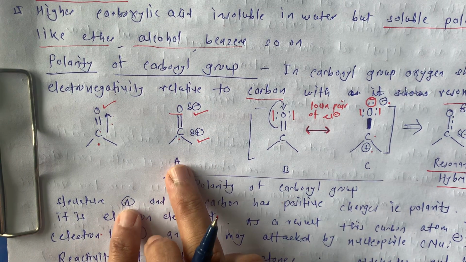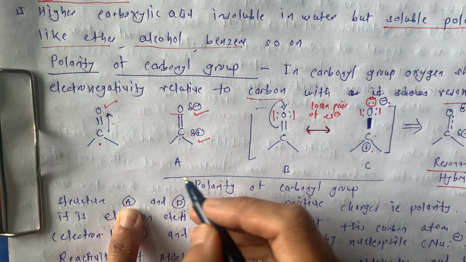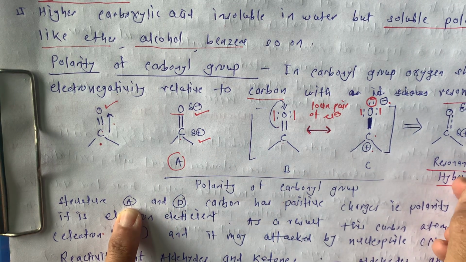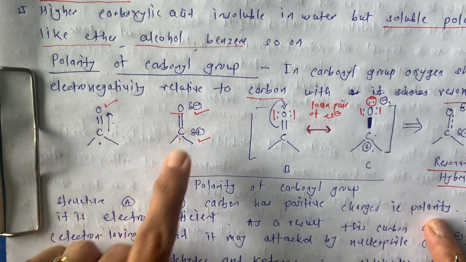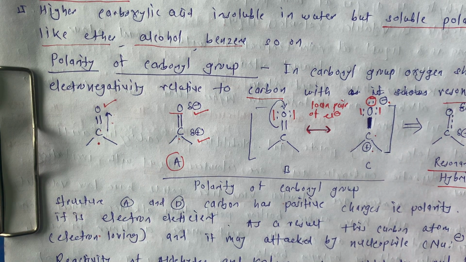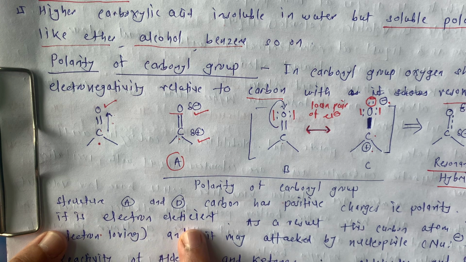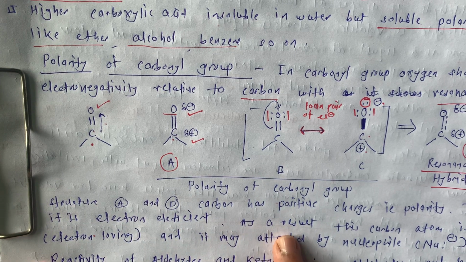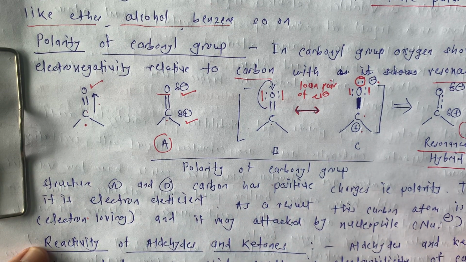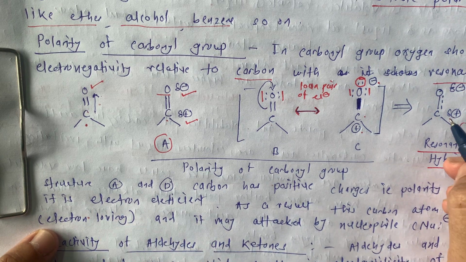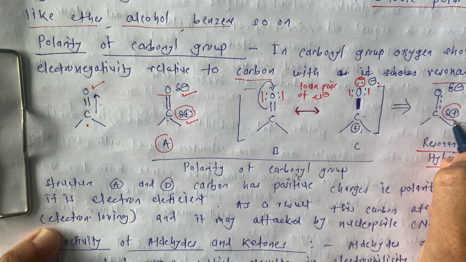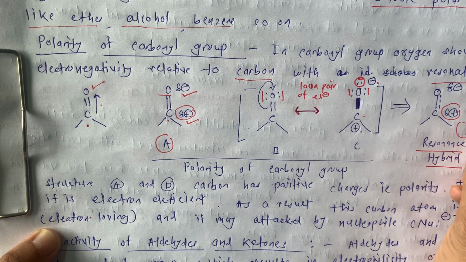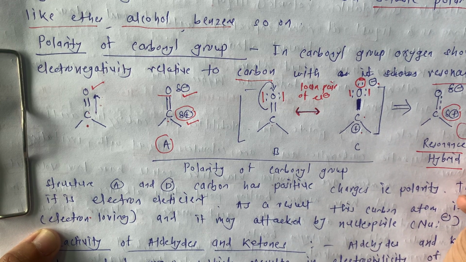Now see, in structure A and structure D, carbon has a positive charge. That means there is a polarity. Therefore, it is electron deficient. As a result, this carbon atom is electrophilic, meaning electron loving.